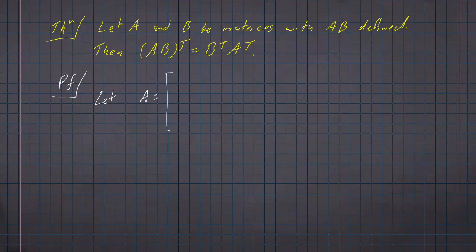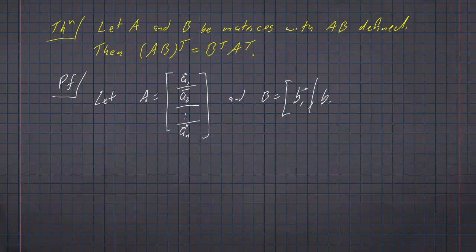In order to prove that this works, I want to be able to write out matrix A as a sequence of row vectors and matrix B as a sequence of column vectors.